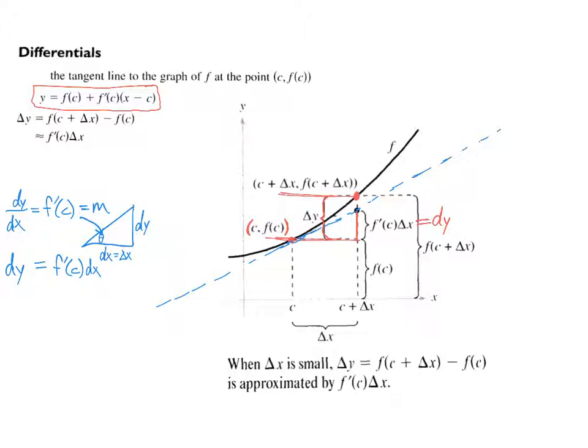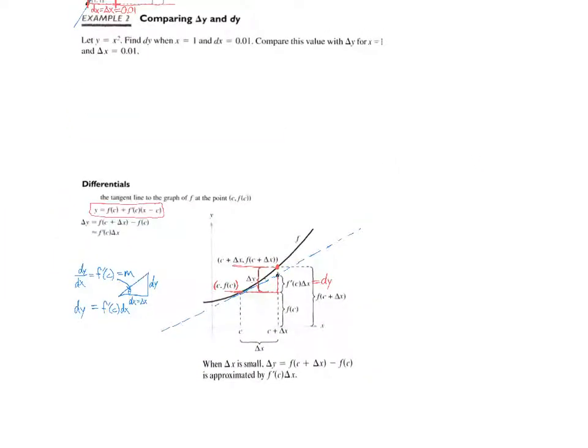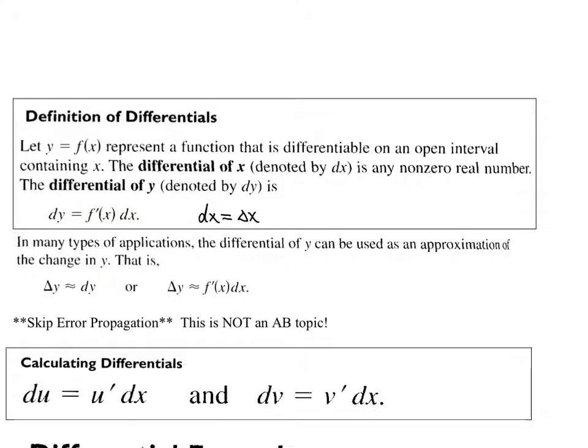Now, where does the approximation come in? What we just found is the differential of y, dy. You can see right here, it's what we just saw above: dy equals f prime of x dx.